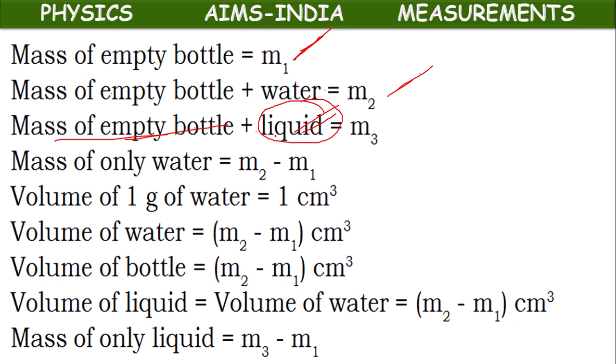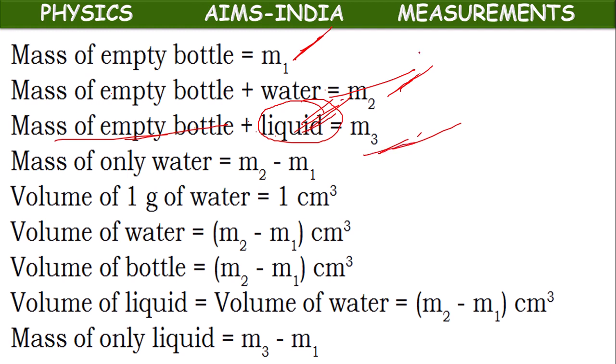Because we want to find the density of the liquid, let it be M3. So empty bottle M1, empty bottle with water M2, empty bottle with required liquid M3.